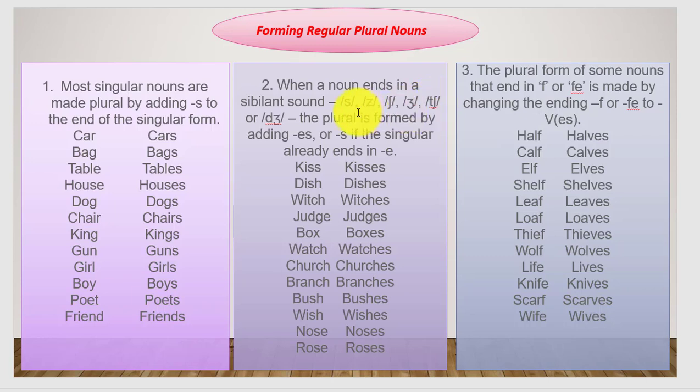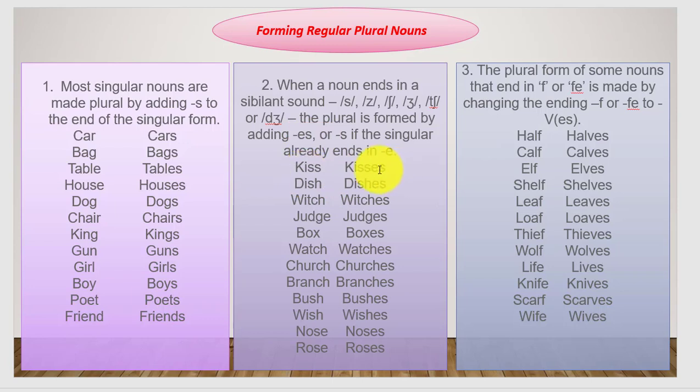So if a noun ends in these sibilant sounds, we get their plural by adding es, or s if the singular already ends in e. If the singular already ends in e, then we add s, otherwise we add es as a suffix to the singular noun. Let us see the examples.